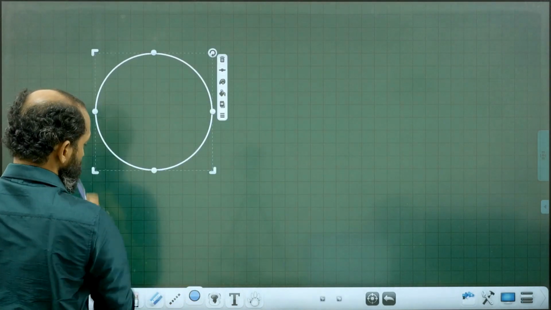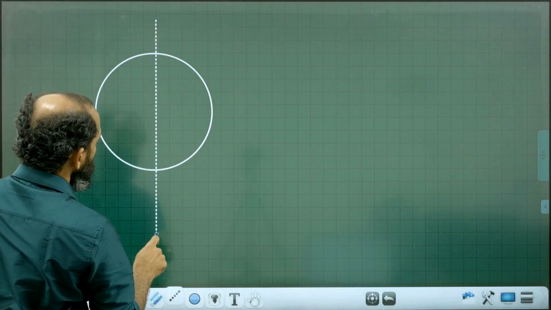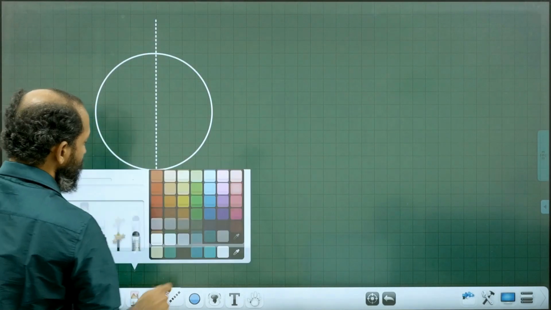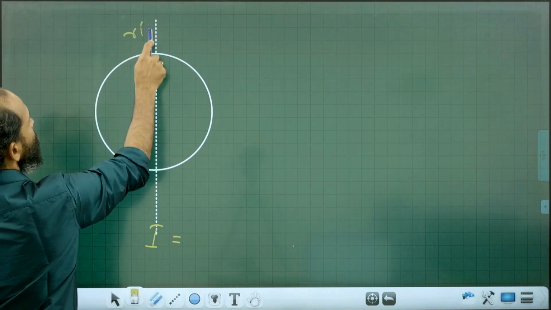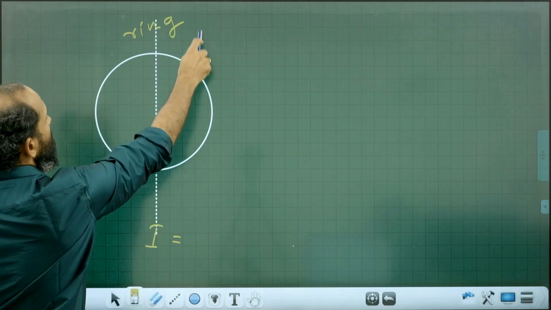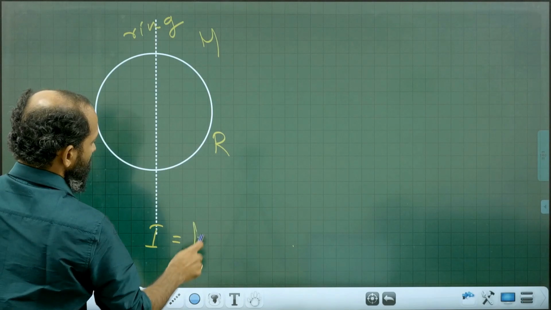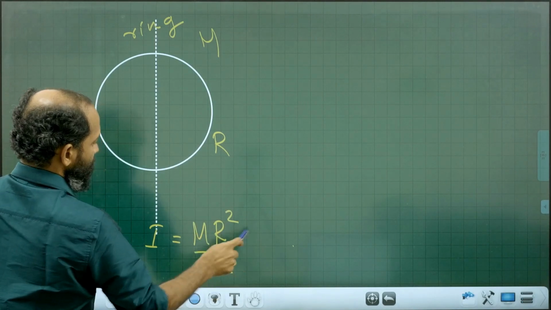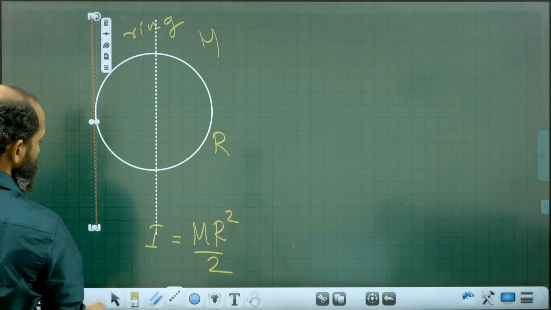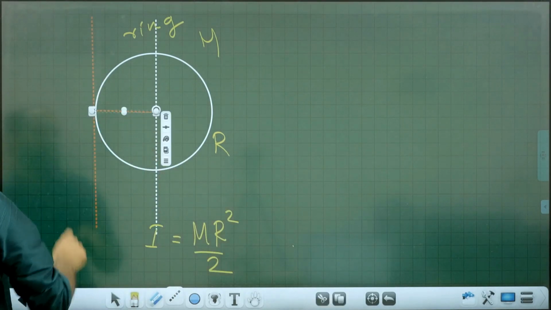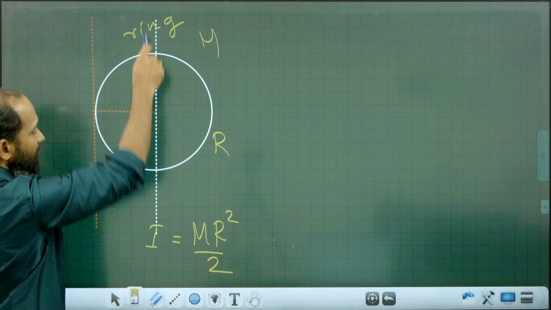You have a thin uniform ring. Moment of inertia about an axis passing through the diameter of the thin uniform ring: we know about the diametrical axis of thin uniform ring of mass m and radius r is m r square by 2. Then what is the moment of inertia about an axis passing through the tangent and parallel to the plane? Moment of inertia of the diametrical axis is m r square by 2.